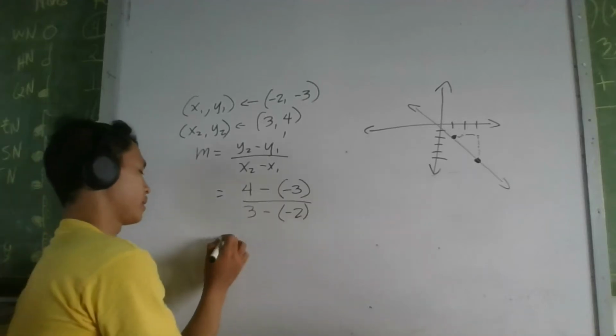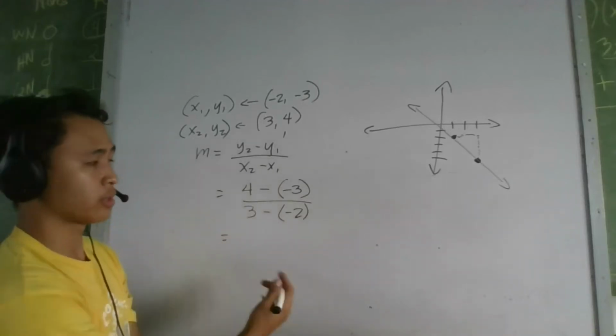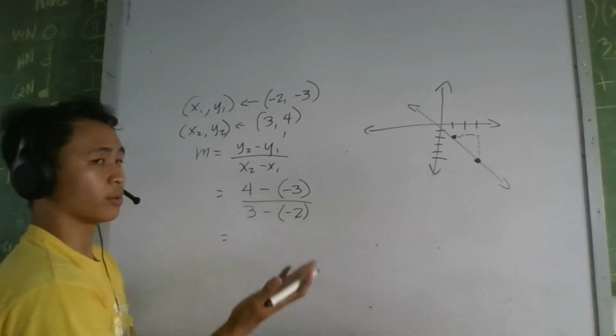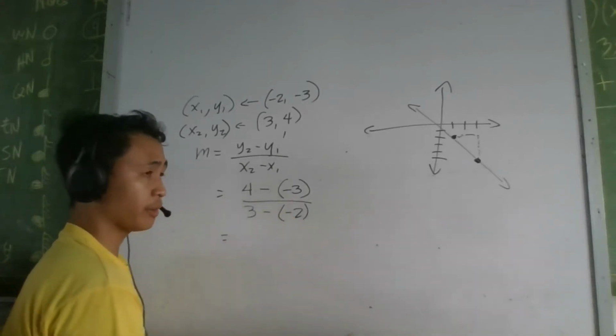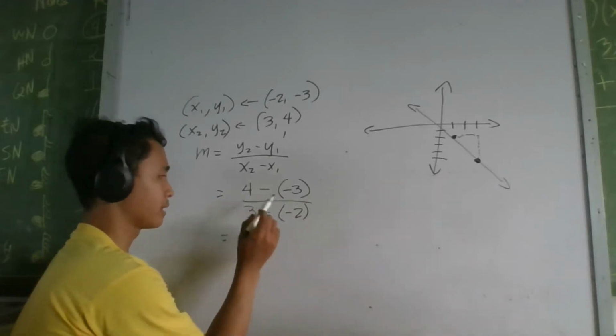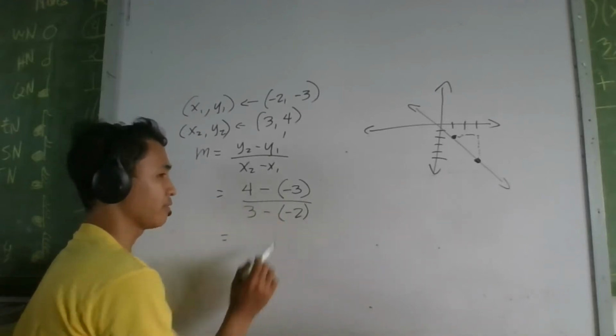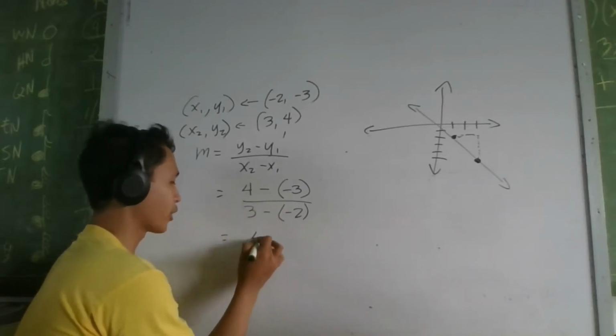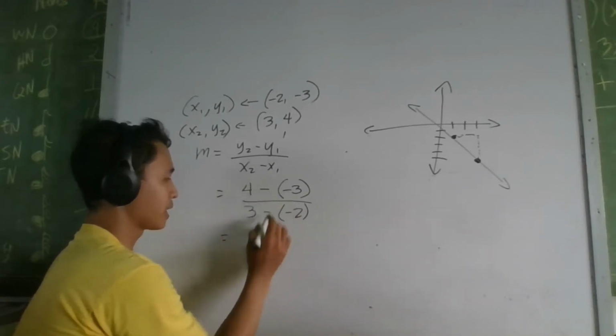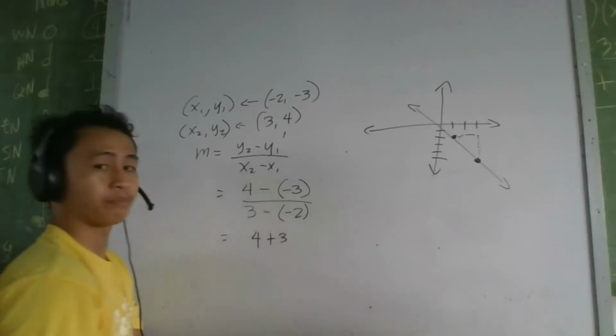Okay? Now, students, there are so many ways on how to solve this one. I'm going to solve this in my own way. Okay, just listen. So, since minus tayo, minus, if we're going to follow the rule, pwede rin. So, yung rule natin dito is negative times negative. You just have to multiply the sign. Negative times negative, magiging positive. Copy lang muna yung 4. Negative negative is positive 3. Okay?